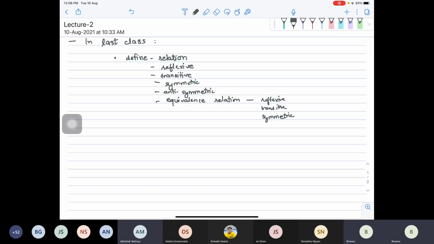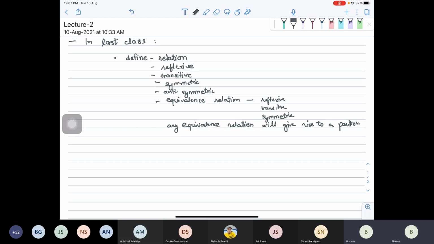I mentioned in the class that any equivalence relation will give rise to a partition, and any partition gives an equivalence relation. How was that?